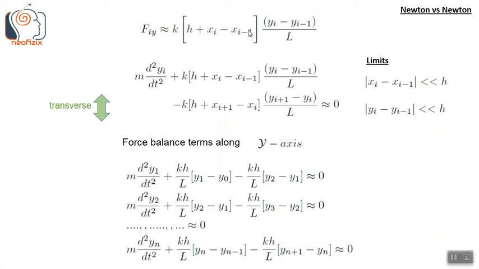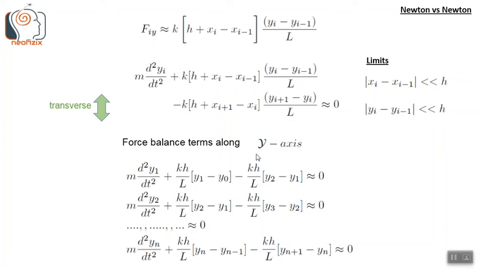So to a first order approximation, the most significant leftover term in this equation is the kh factor, kh times this difference in y. This is the leftover, because the other term is of higher order and insignificant. So in the longitudinal case, the kh factor got cancelled, but in this transverse case, the kh factor is the main factor.